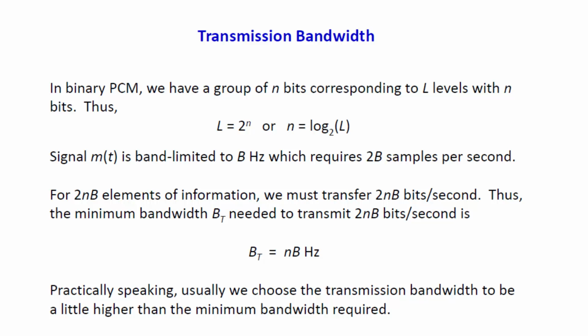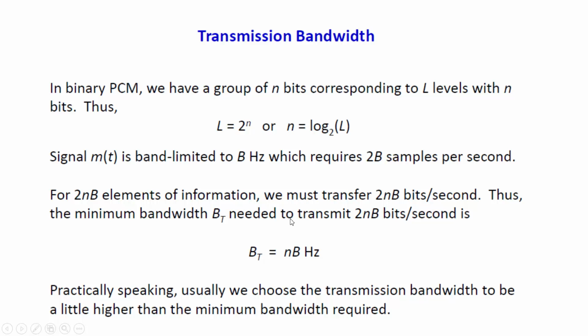If you think reversely, he came out with the idea that if you sample the signal at twice the maximum frequency component present in the signal, you will be able to recover the signal correctly. From that idea, for 2nB elements of information, we must transfer 2nB bits per second. Thus, the minimum bandwidth BT is needed to transmit 2nB bits.